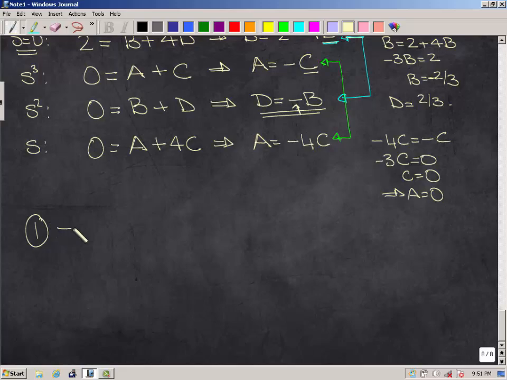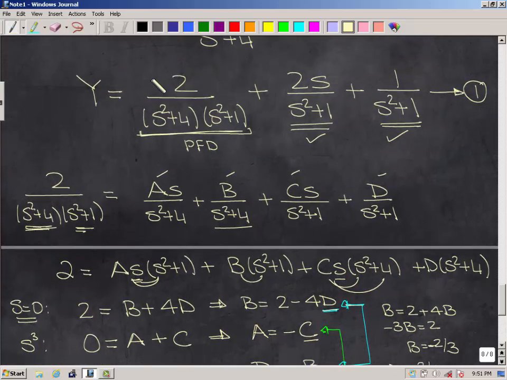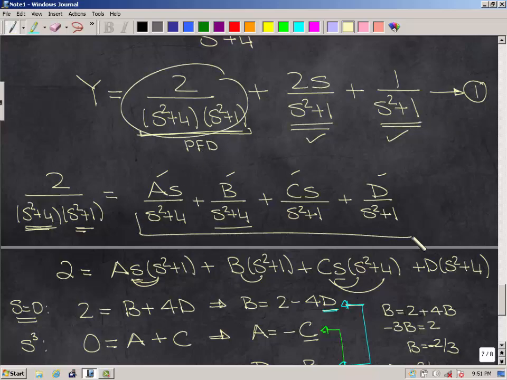So what does 1 become? 1 was this whole thing. We found this was the same as this decomposition. The only thing is A is 0 and C is 0, so these terms are gone. So you just get this. We know B and D, so let's plug those in.